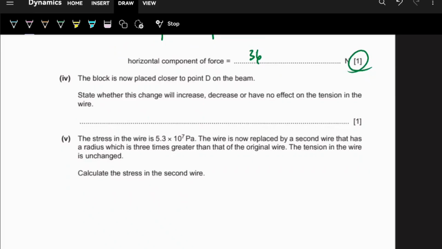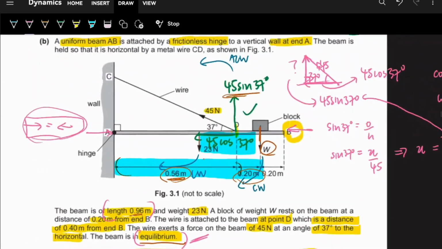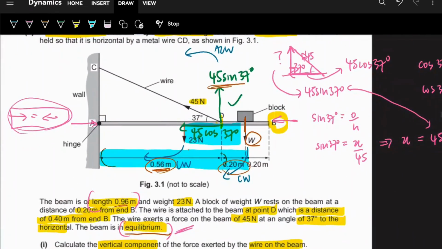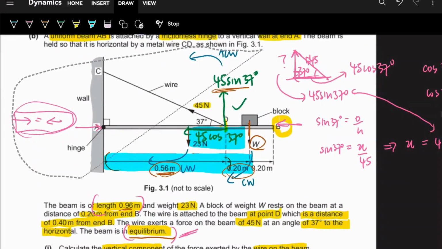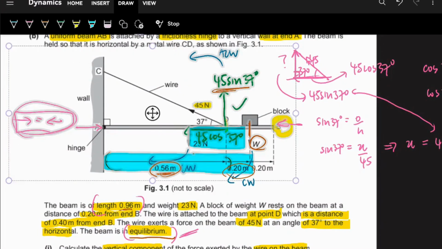Moving on. The block is now placed closer to point D on the beam. State whether this change will increase, decrease, or have no effect on the tension in the wire. Okay, let's look at the question. Let's erase all the unwanted stuff since we have done our calculations.